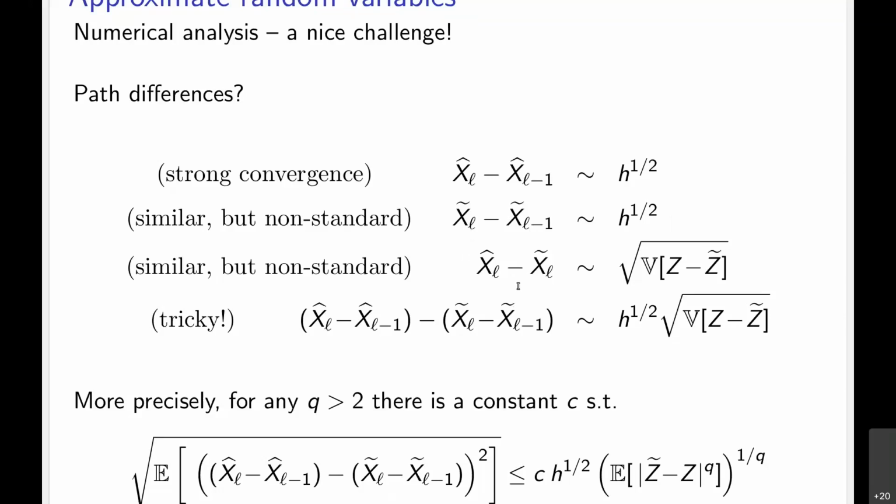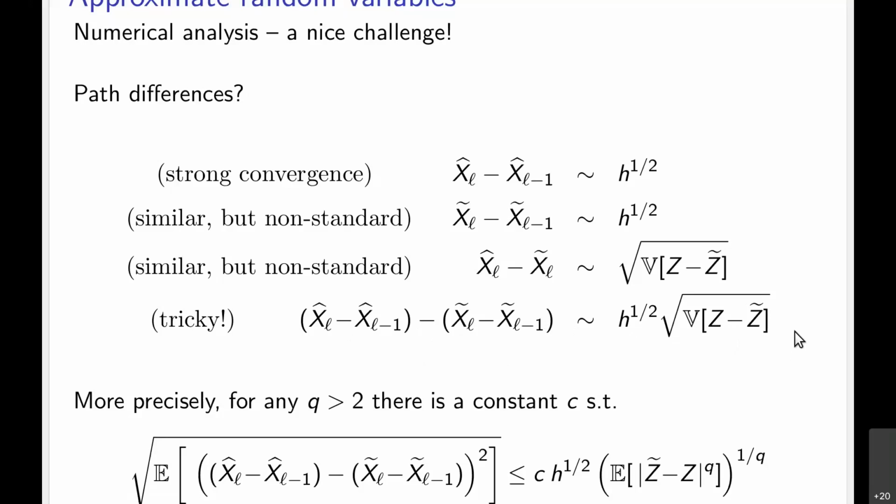Likewise, you can show that the difference between the true path and the approximate path on level L scales like the square root of the variance of the difference between the true Z and the approximate Z. And then the one that's tricky is this four-way difference, which, roughly speaking, behaves like square root of the time step times the square root of the variance.